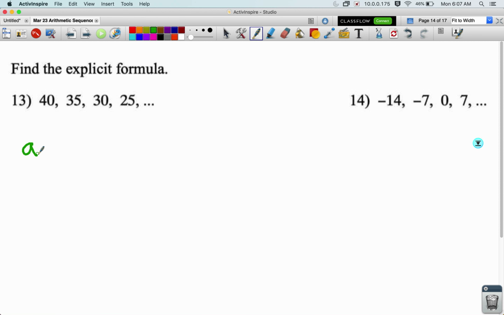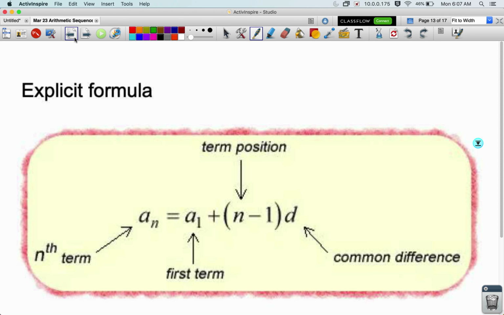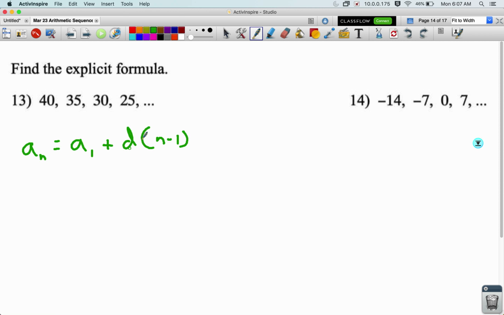So to get to any a sub n, we can start with our first term, a sub 1, and add to it multiples of our difference equal to n minus 1. Let me double check I wrote that down correctly. Yeah, they put the d at the end. I think it makes more sense to me as a coefficient like that.